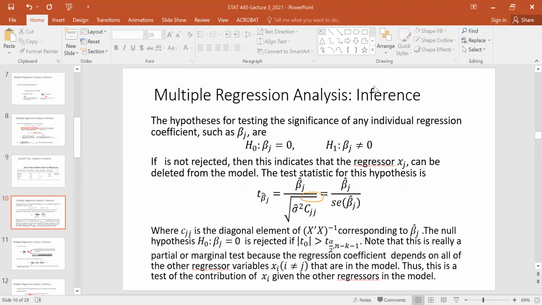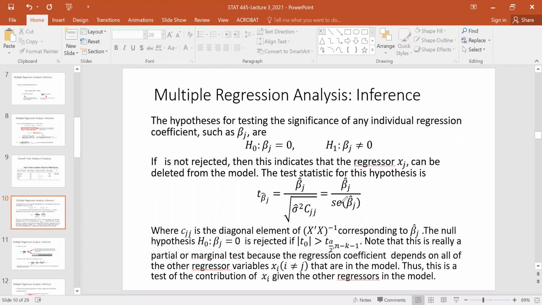So what we just saw was a test of the overall significance, the model adequacy. Now, to test individual regressors, you take their coefficient and test whether beta j is 0 or not. We construct our t-statistic by putting the estimated value over the standard error of that value.